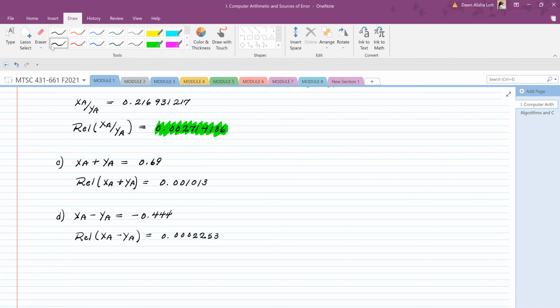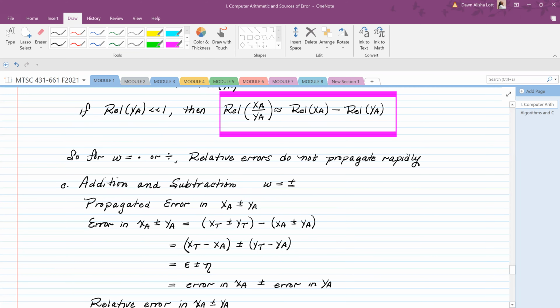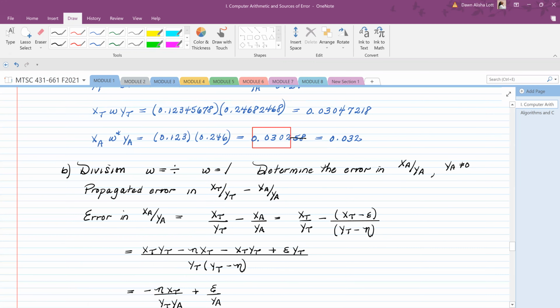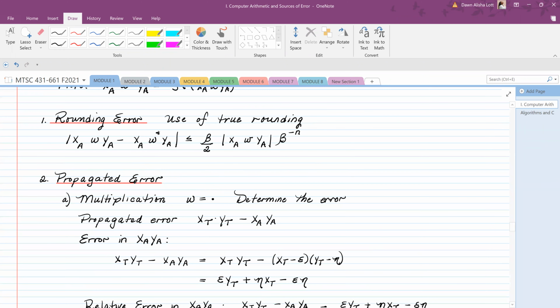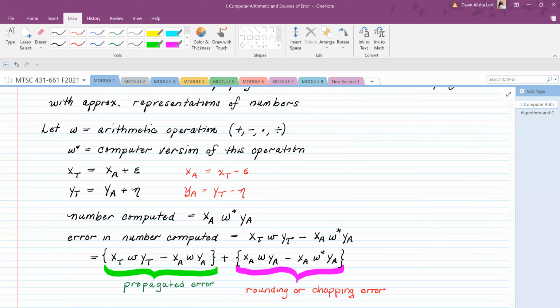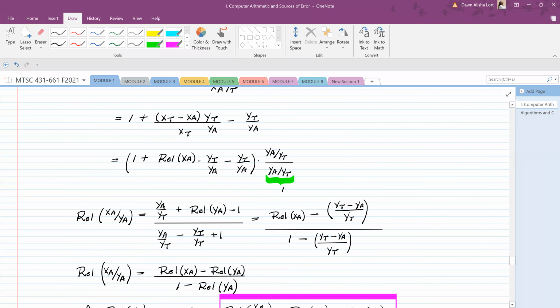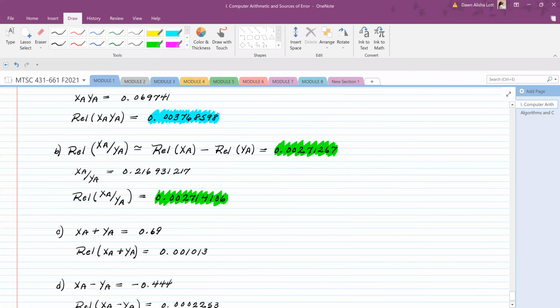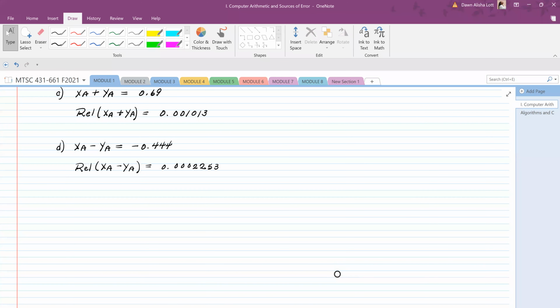Okay, so let's talk about loss of significance error.